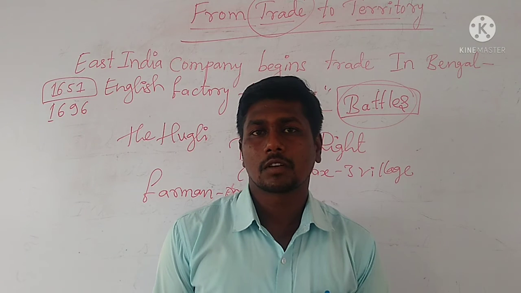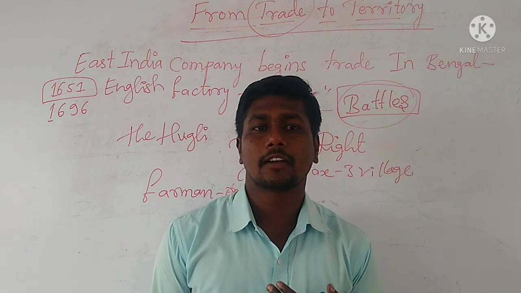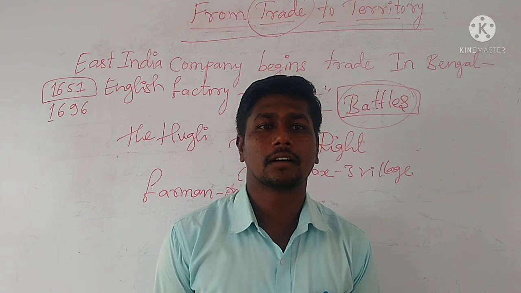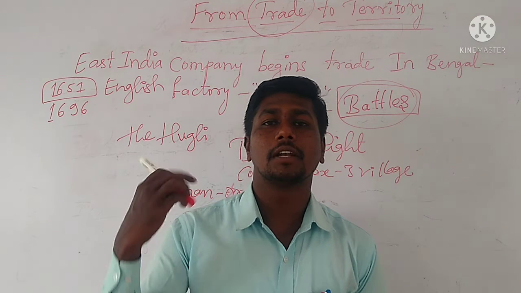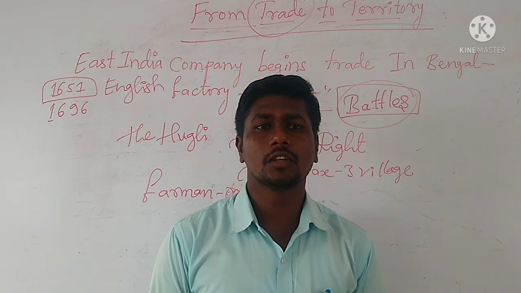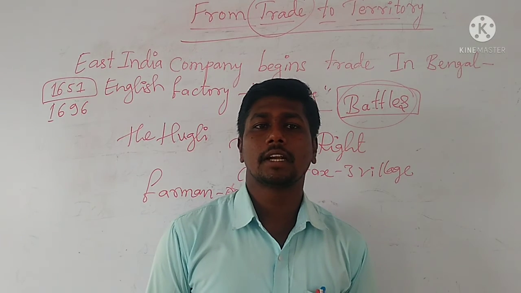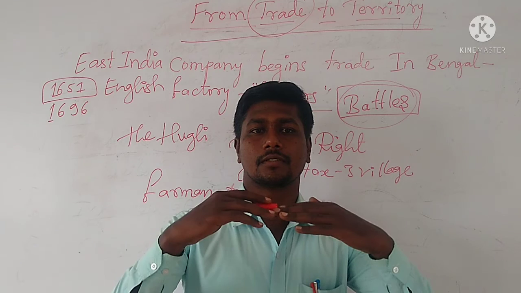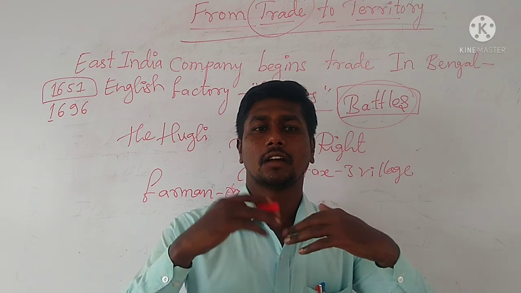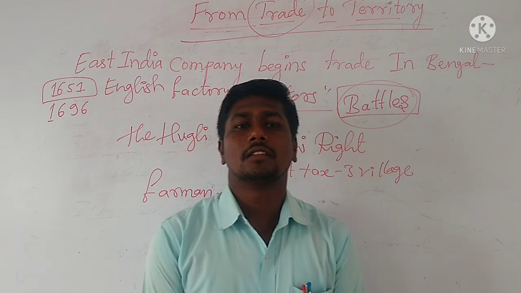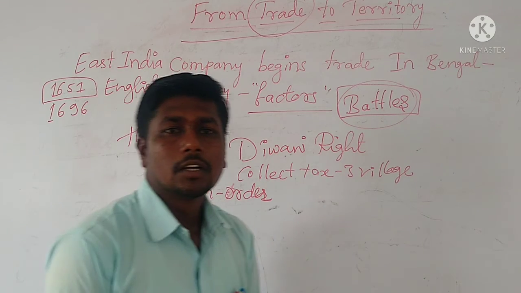Because of this, what did the British do? The British began to buy villages of India, and they began to rebuild forts in those villages to establish factories. The conflicts led to confrontations and finally culminated in the Battle of Plassey.